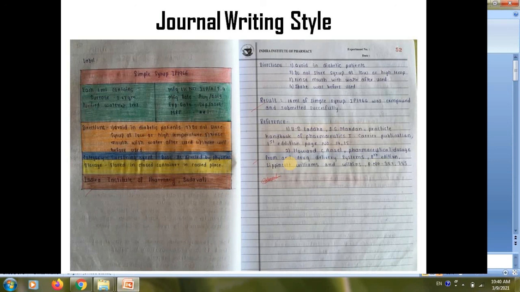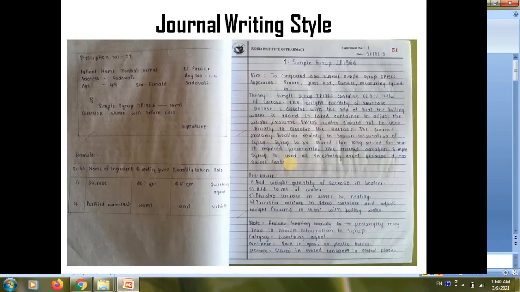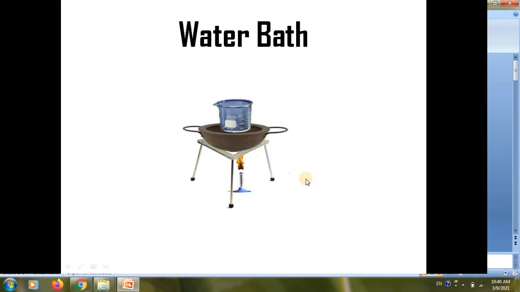Next, the precautions, because we are going to deal with direct exposure to heat. In some experiments we have to deal with heating processes, so you have to handle the burner. In the last image you have seen there is a burner, so you are dealing with fire. I hope you know the basics of how to deal with fire and how to take care to avoid burning.